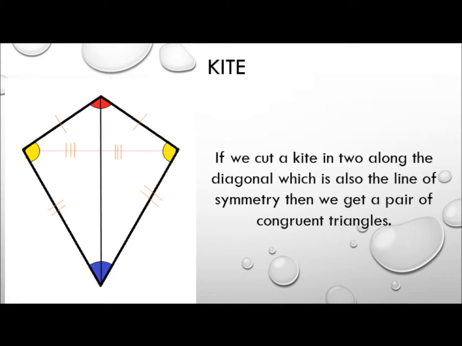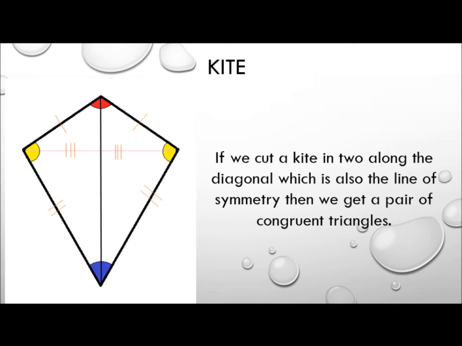But if we cut the kite in two along the diagonal which is also the line of symmetry, then we get a pair of congruent triangles. That is to say, if we cut a kite in two along the line of symmetry, then the two triangles are exactly the same shape and exactly the same size, having exactly the same angles, exactly the same lengths, exactly the same area, and exactly the same perimeter.